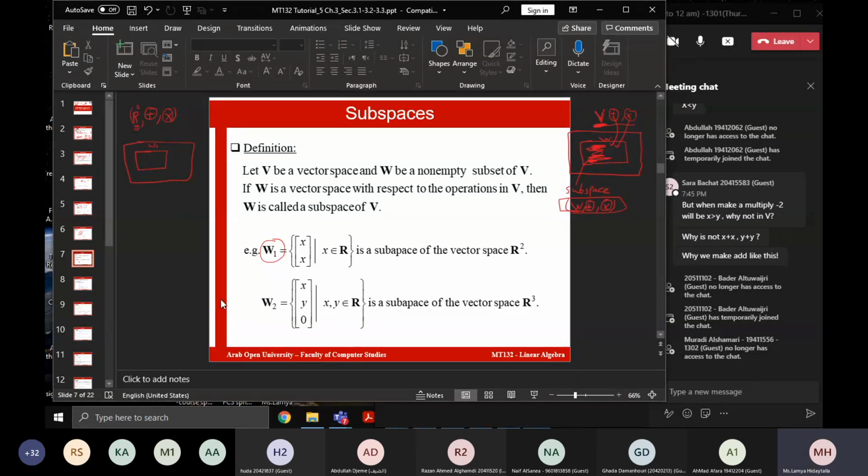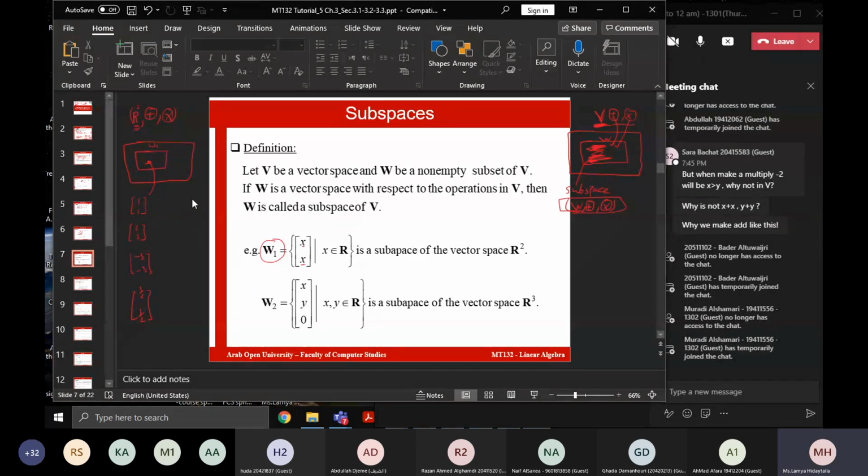I'm not taking all of R2. They are the elements where the first element is the same as the second element. How do they look? Like 1 and 1, correct? 2, 2, minus 3, minus 3, for instance, half and half, etc.